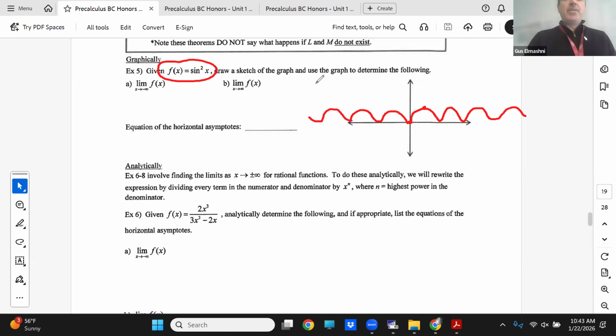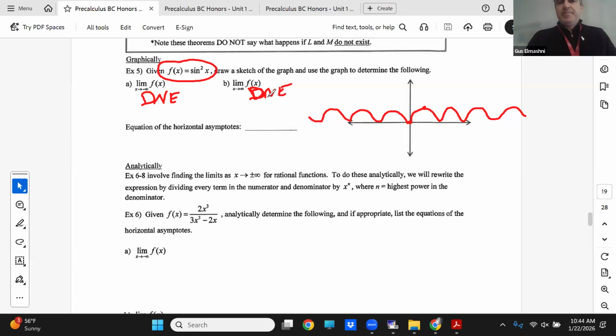But the equation of the horizontal asymptote, well, here's the thing. I don't really know what the horizontal asymptote is, right?